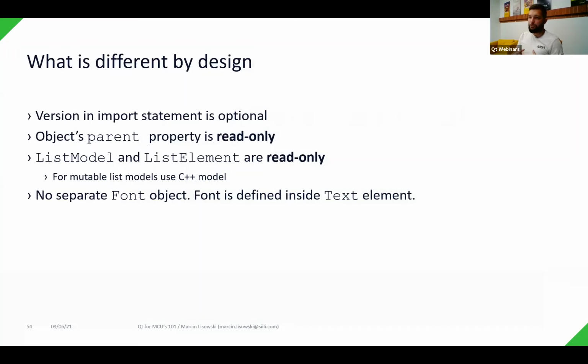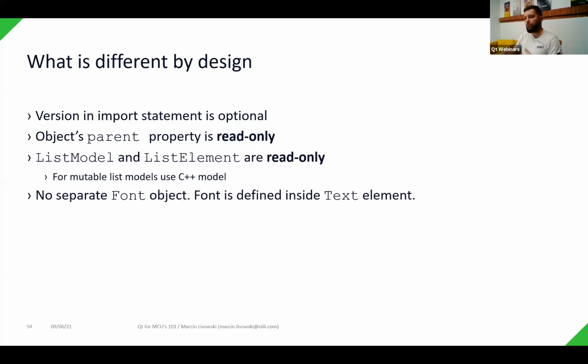The object's parent property is read-only, so that means you cannot change the parent in the UI tree. Well, that's the definition of read-only, and it's constant. List model and list elements are also read-only.